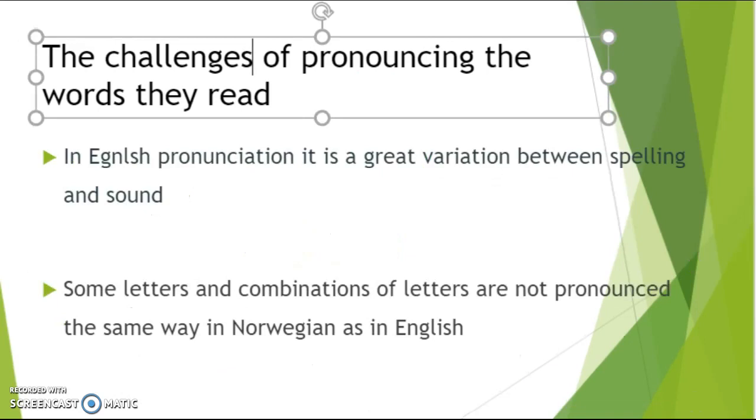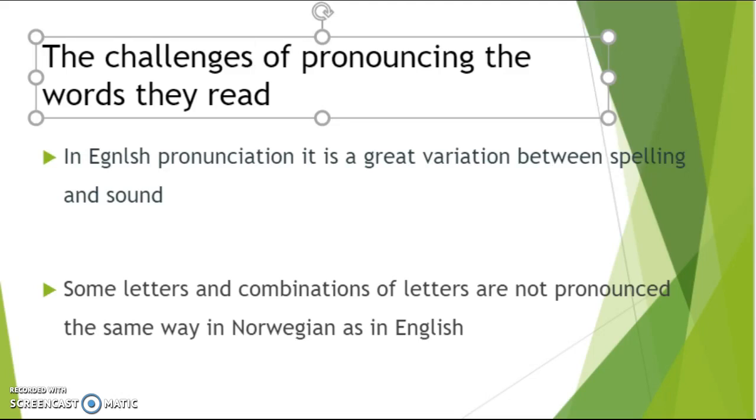The challenge of pronouncing the words they read is that in English pronunciation, there is a great variation between the spelling and sound. And some letters and combinations of letters are not pronounced the same way in Norwegian as in English. I will give you a few examples.